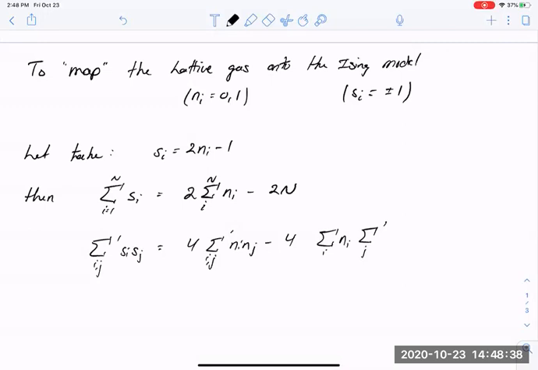That's how I could write that double sum that, if I don't have any constraints, overcounts by a factor of 2.